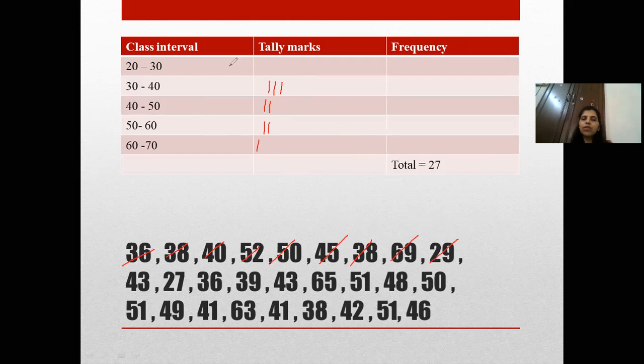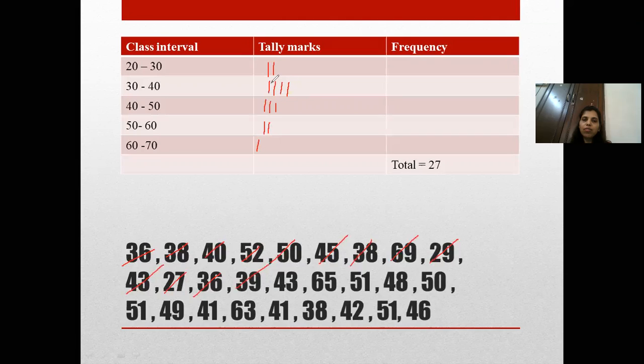Now 29 means it will be in the 20 to 30 group. 43, strike off 43, and it will be in 40 to 50. 27, strike off 27, it will be over here. 36, strike off 36, it will be in the 30 to 40 group. Then 39, cancel 39. As you can see, 30 to 40, it will be in this group.